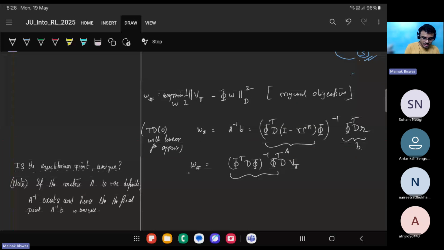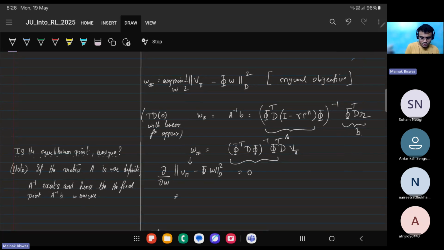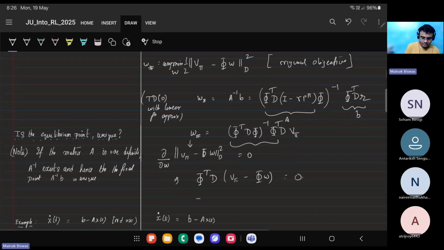Okay, so this was obtained by taking the derivative of V pi minus phi of W, D-squared, and setting it to 0. So we obtained phi transpose D V pi minus phi of W equal to 0, and we said that this is equal to W star or W hash.